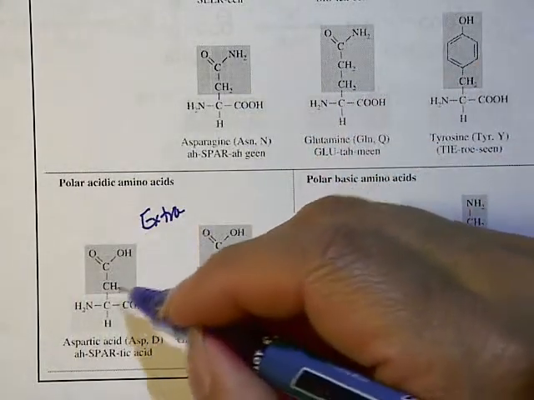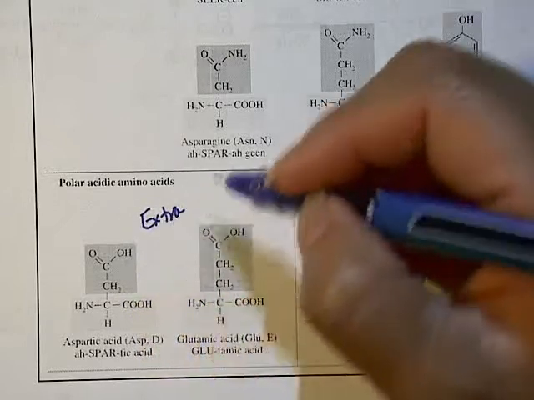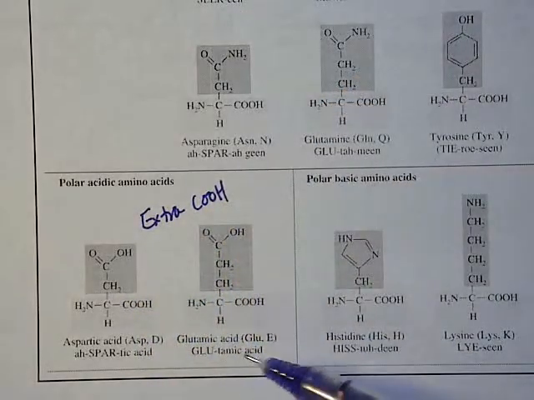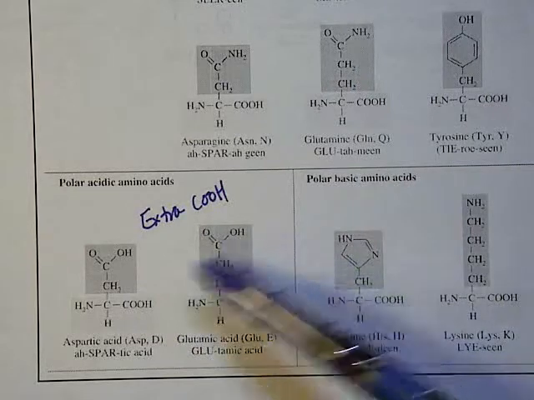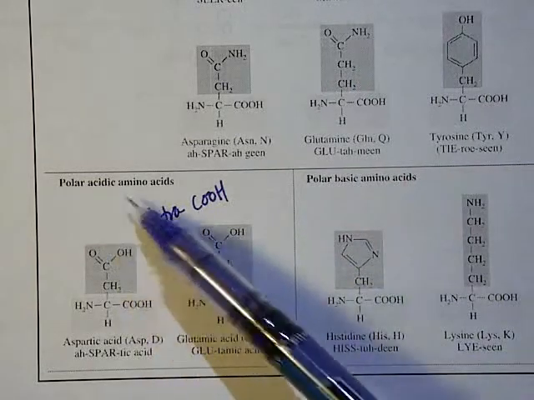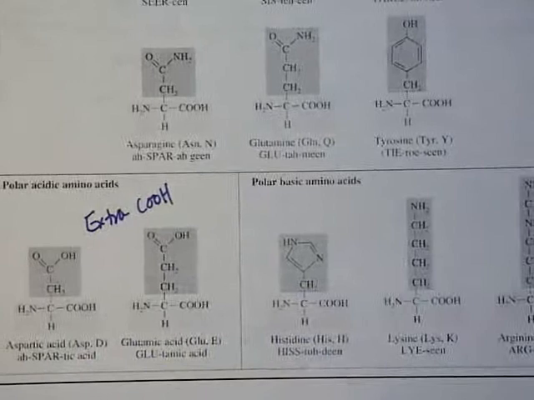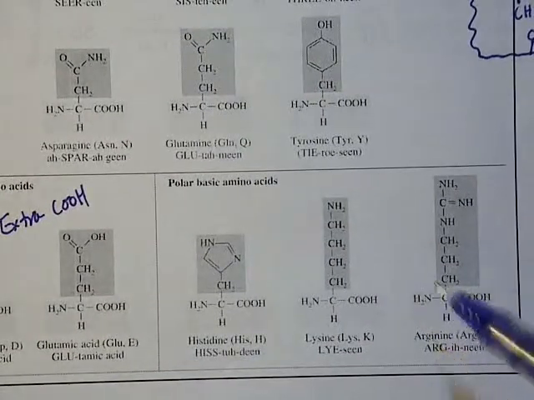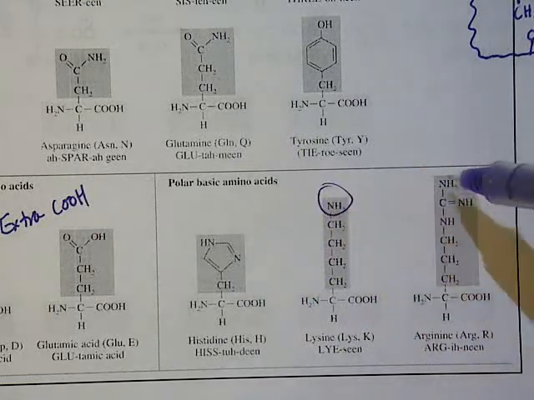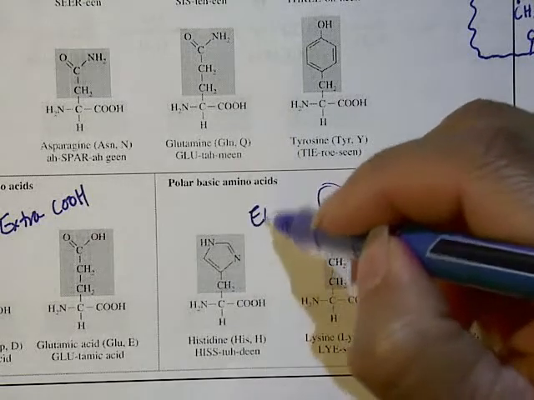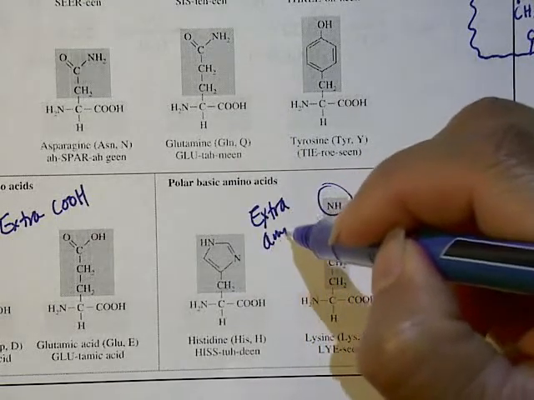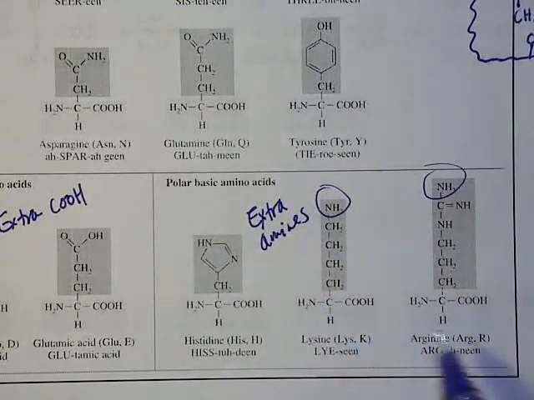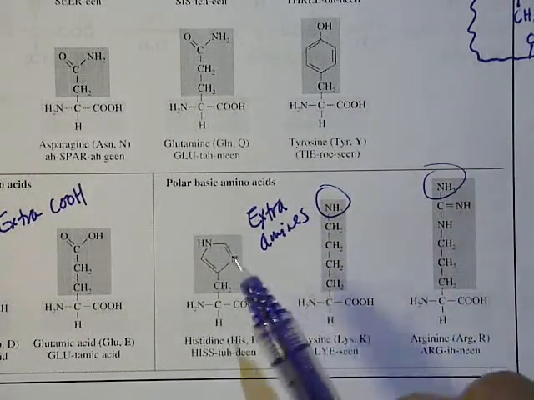So on top of the normal acid that is present in an amino acid, you have an extra carboxylic acid in aspartic and glutamic acid, as you can see, and that's why they're polar and they're acidic. The last category is the polar basic amino acids, and as you can see, they have extra amines on top of the amine group of the amino acid, right?